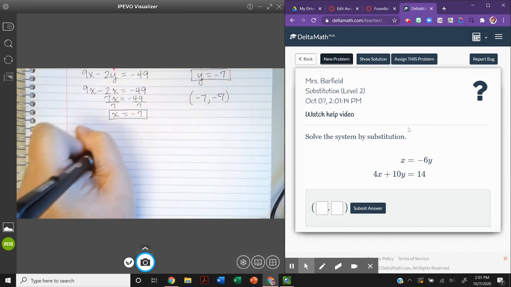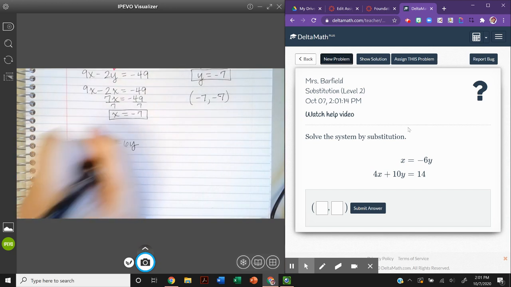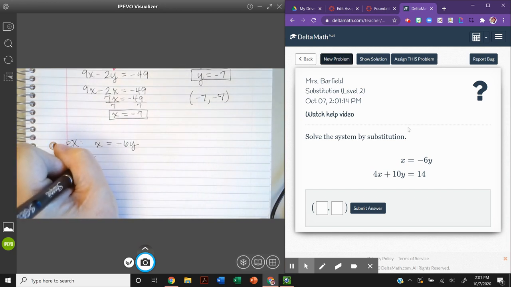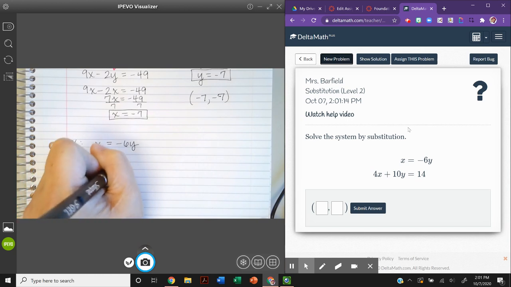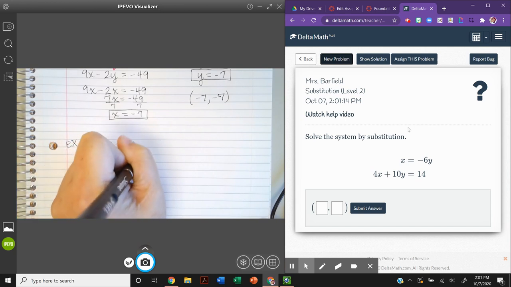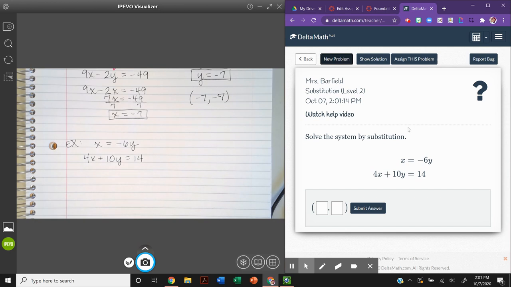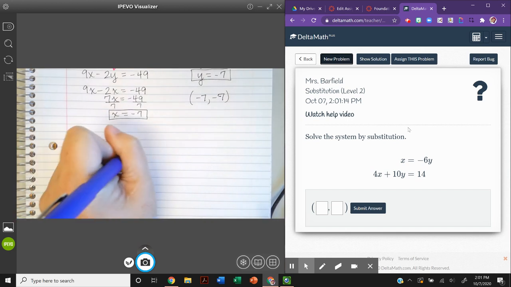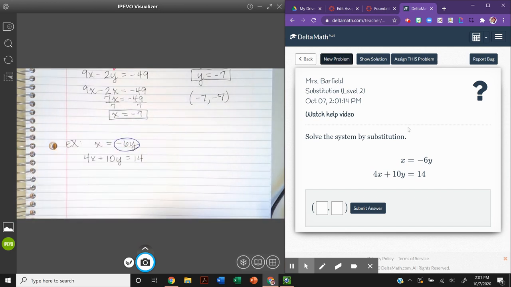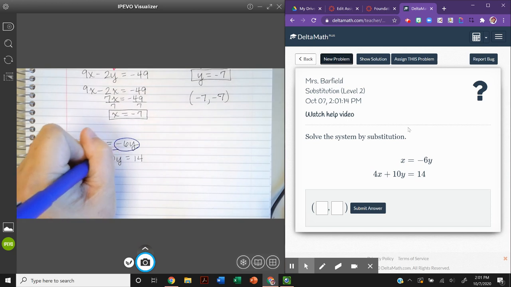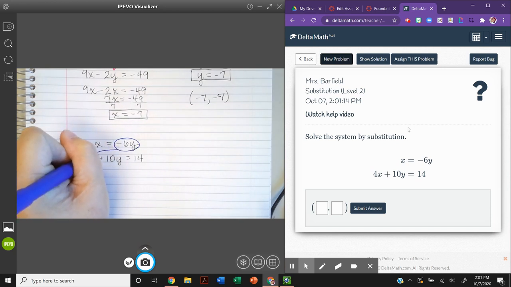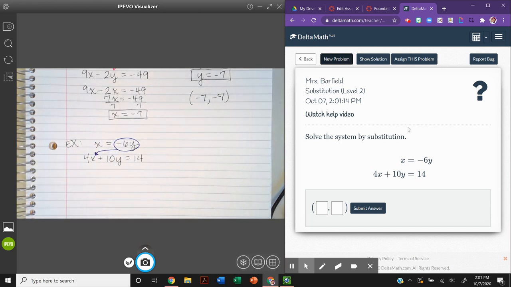I have x equals negative 6y, and then I have 4x plus 10y equals 14. All right, so I know that x equals negative 6y, so I'm going to make my substitution right there.